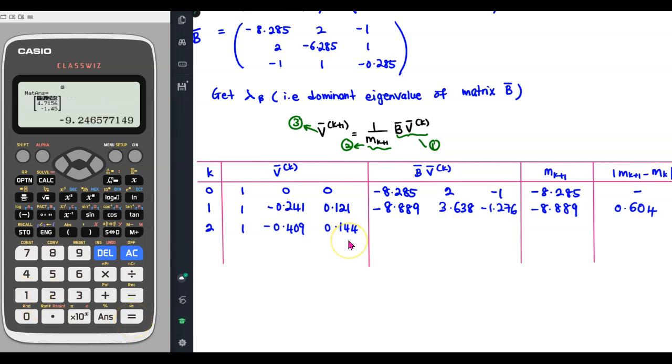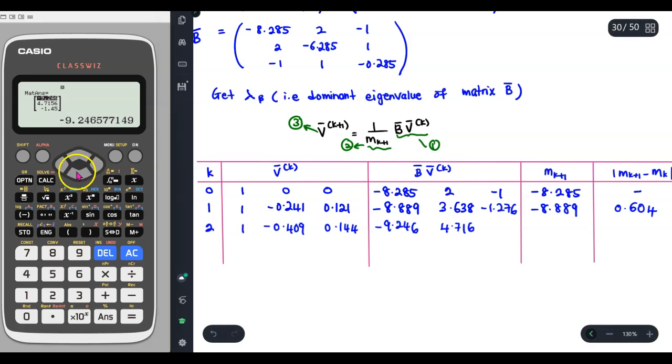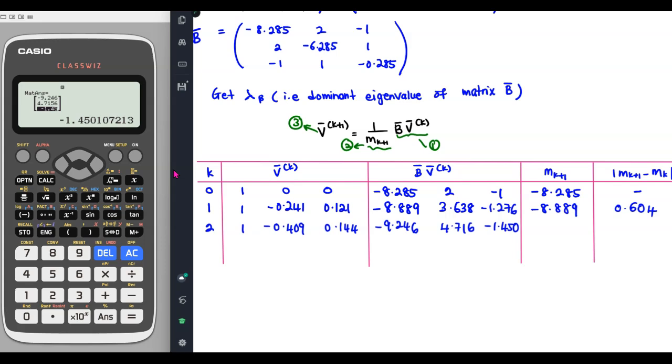So you have now negative 9.246, and then 4.716, and negative 1.450. And again your MK plus 1 in terms of absolute value, the largest element here is this guy. So your MK plus 1 is negative 9.246.